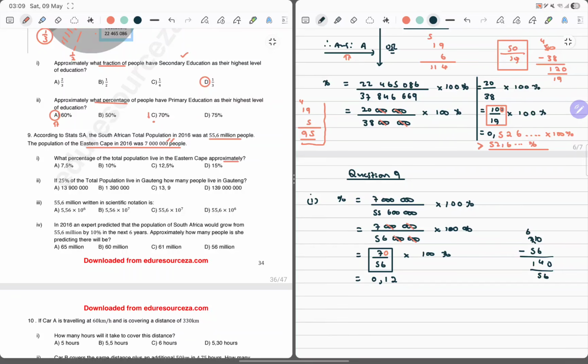So this is 12. Okay, be patient. You can see here we've got 7, 5, 10, 12, 15, but obviously the answer is not exactly 12.